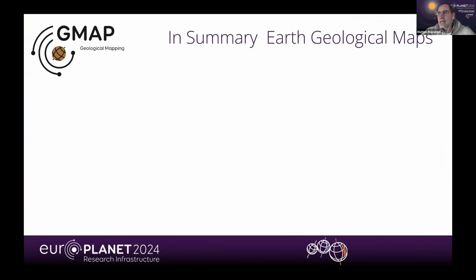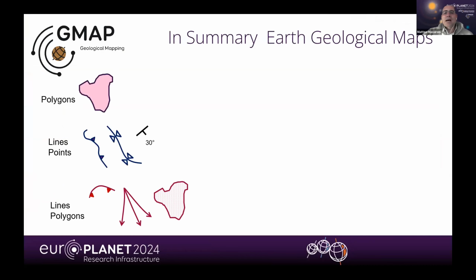So in summary, an Earth geological map is made by polygons, lines, and points, and the polygons indicate the formational process and the geology, and the main unit is a lithostratigraphic unit, or chronostratigraphic if we relate the lithostratigraphy, the relative age, with absolute ages. Okay, if we give real ages to the different kinds of units that we have.